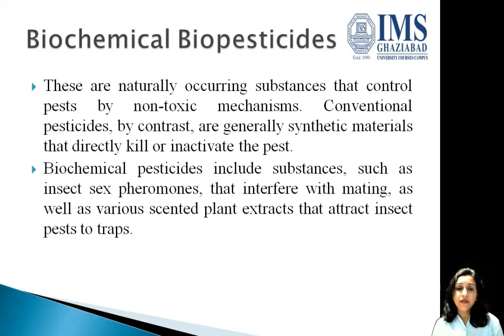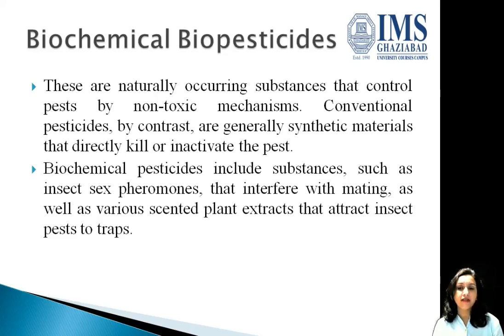Simply, if a particular chemical is applied to a plant which inhibits the insects in their mating process, the population of that insect is not increased, and ultimately the population is decreased and it will be eliminated. If there are certain types of repellents, you can take a simple example of mosquito.